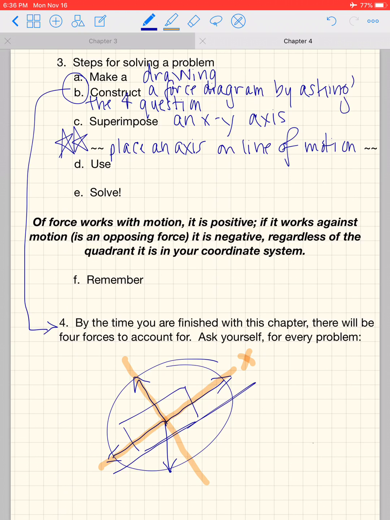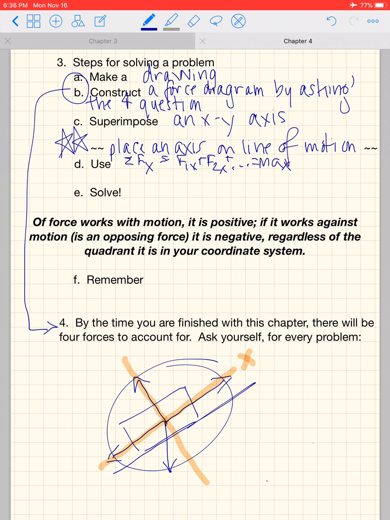Then the next thing you're going to do is use your F equals ma in component form. You're going to use sigma F sub x is equal to the F sub 1x plus F sub 2x plus dot dot dot is equal to m a sub x.